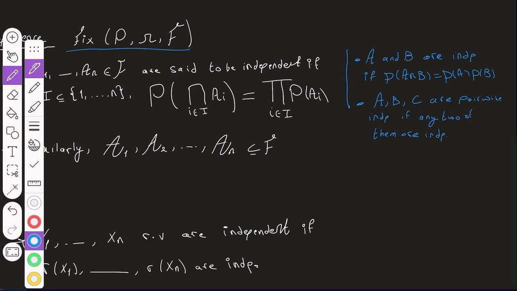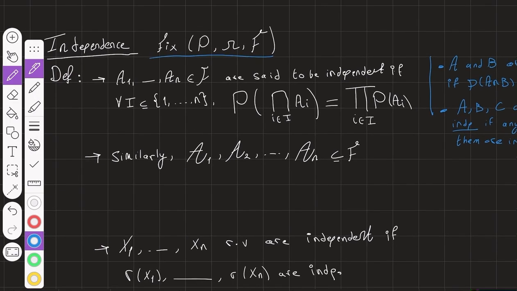Now it turns out that the notion of pairwise independence and independence are not the same. Some sets can be pairwise independent, but they need not necessarily be independent. So what does it mean for a collection of sets to be independent? Let us define it as follows.